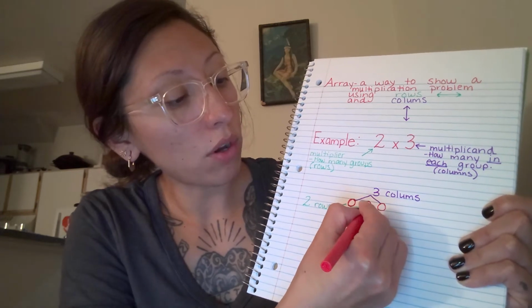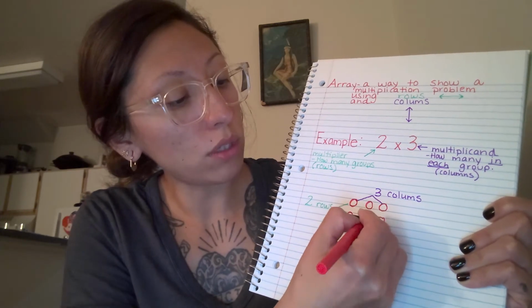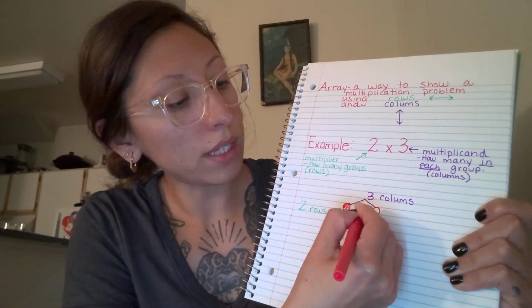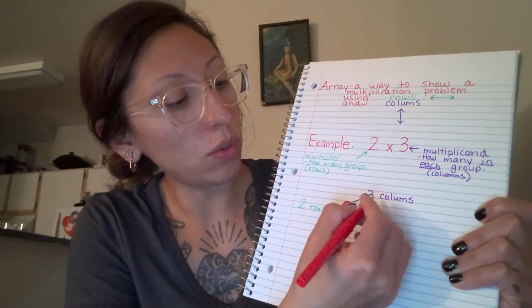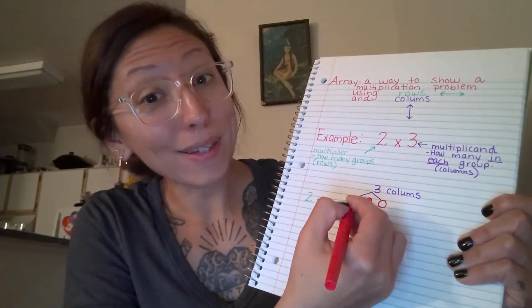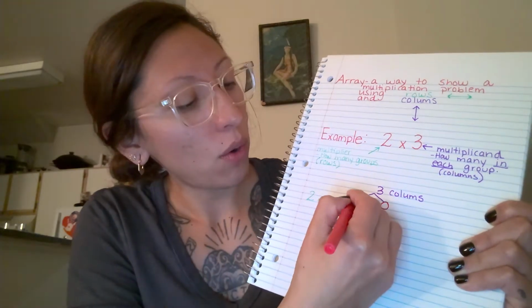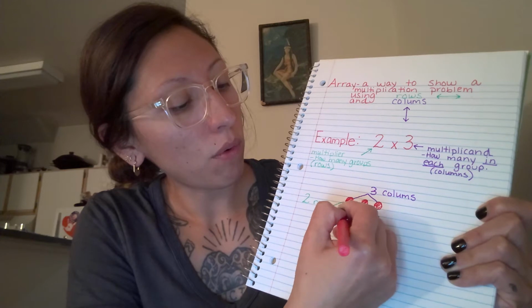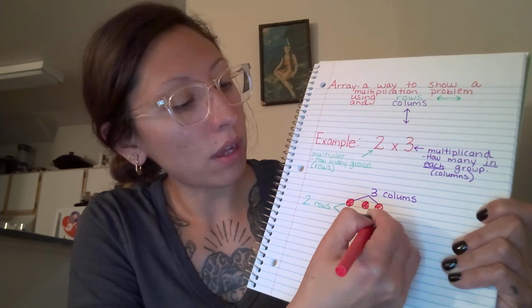And then once we put our 3 in each of those rows, right, we could fill them in if we wanted to. Let's count them while we fill it in. 1, 2. Now let's add them all together, right? Okay. And when we're adding them together, we can color those in. 1, 2, 3, 4, 5, 6.